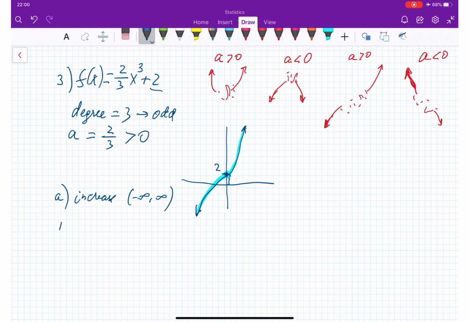B, decrease, doesn't exist, not applicable. Or I can put no decrease. Next.